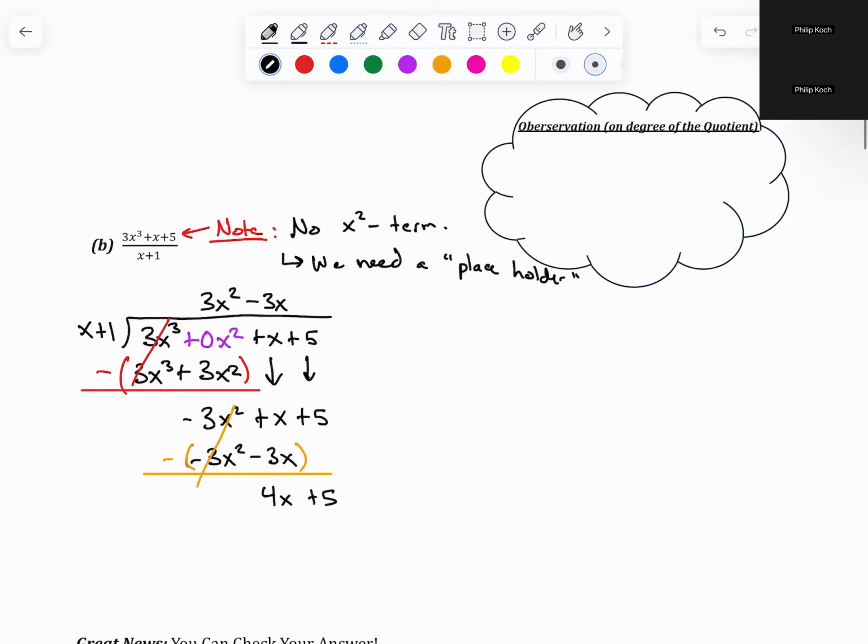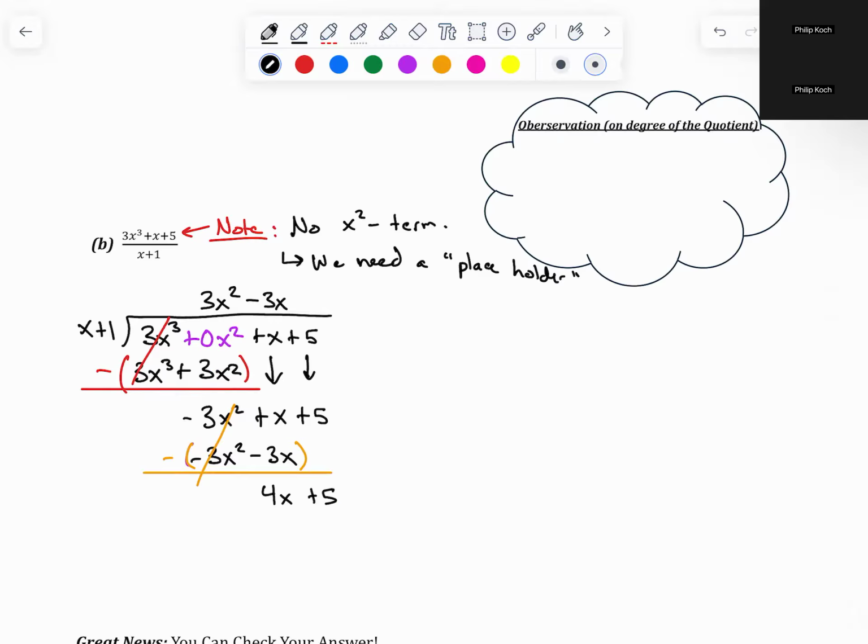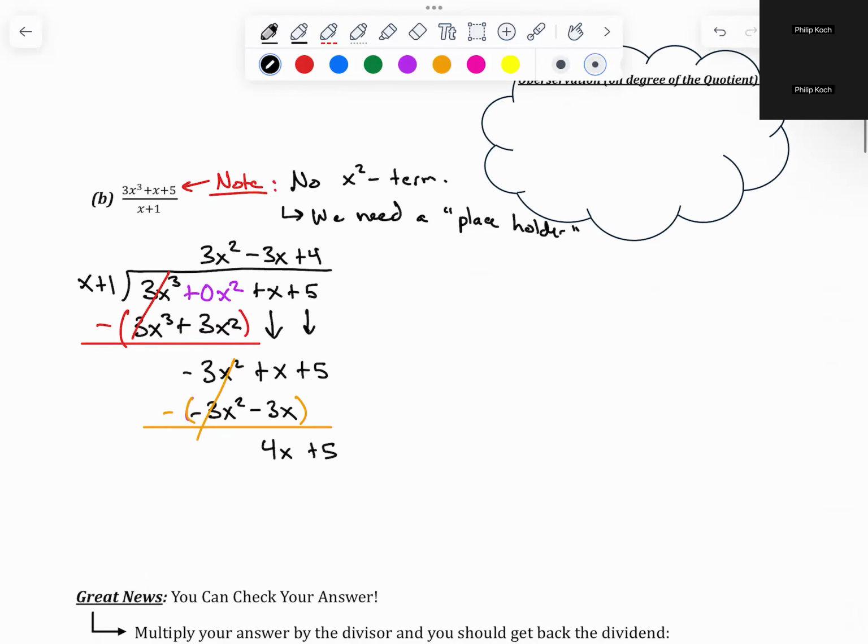And then we do it one last time. How many times does x go into 4x? It goes into it precisely 4 times. So plus 4. 4 times x plus 1 is 4x plus 4. And we finally subtract one last time. The 4x's will cancel. 5 minus 4 is 1.